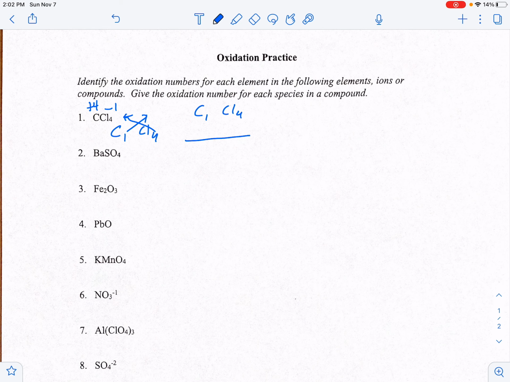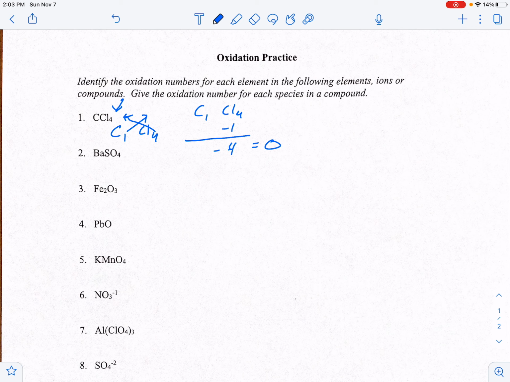Okay, I'm going to draw my sum line, and let me clear up some of this a little bit. I would see, do I have a charge right here at the top right-hand corner? I do not, so that means you're going to set it equal to 0. Since chlorine has a charge of -1 on the periodic table, and I have 4 of them, my total charge for chlorine would be -4.